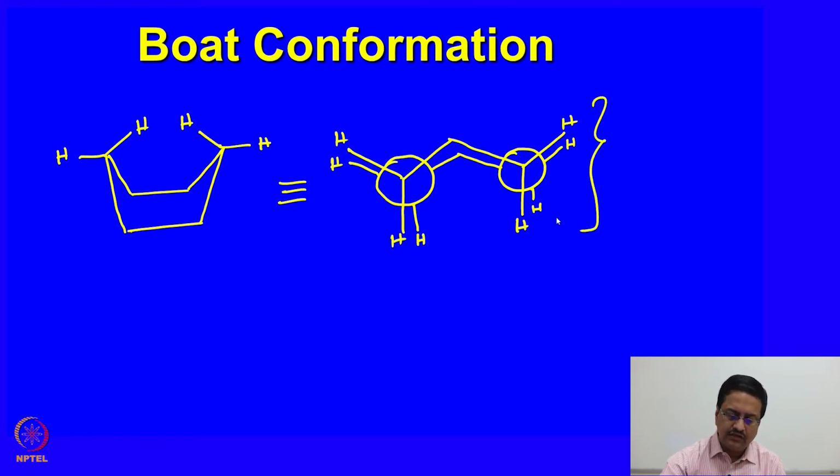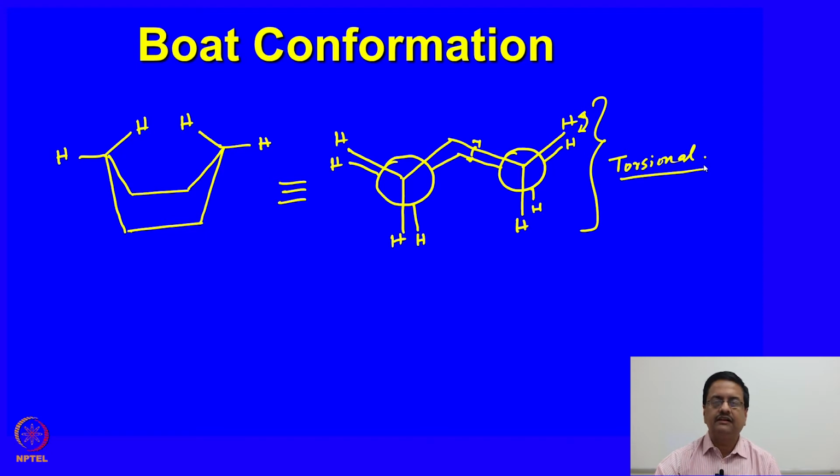So this molecule has eclipsed hydrogen atoms and eclipsed methyl groups, which is equivalent to n-butane in the fully eclipsed conformation. So it has a significant amount of torsional strain compared to the chair conformation of cyclohexane, which does not have this torsional strain.